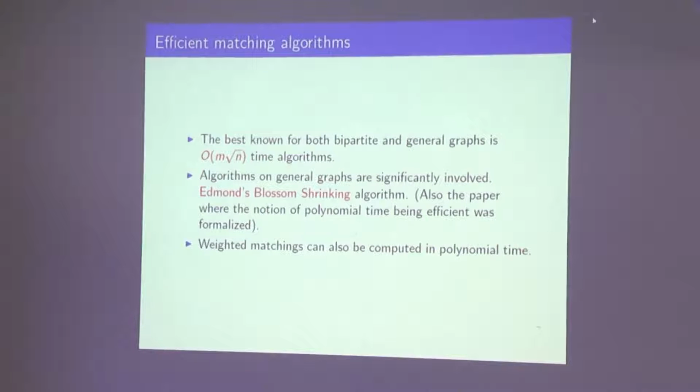This 1960-something paper gave a very beautiful blossom shrinking algorithm for finding maximum cardinality matchings on general graphs. General graphs are graphs in which you also allow odd cycles, the graphs which we saw in the first part.